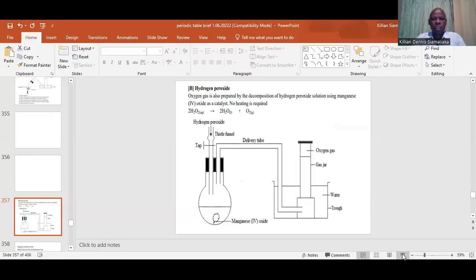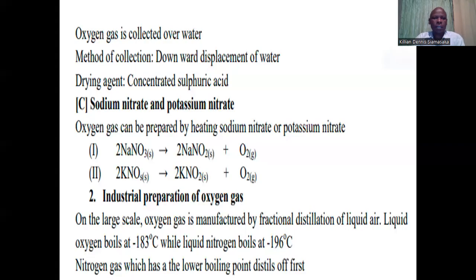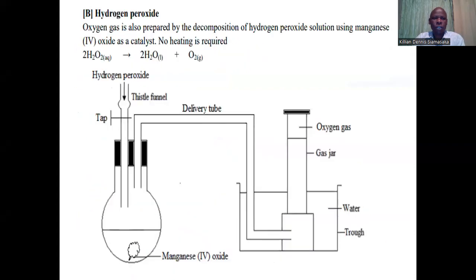Today we will look at how we can prepare oxygen using hydrogen peroxide. Oxygen can actually be prepared using hydrogen peroxide, which is aqueous.